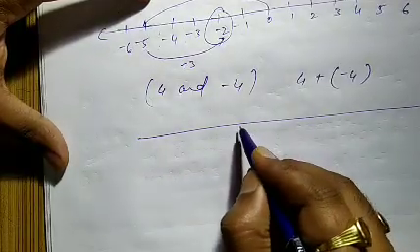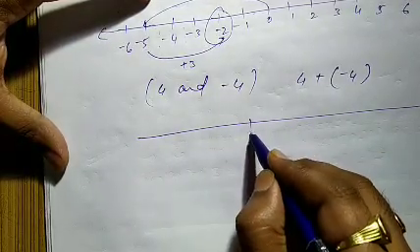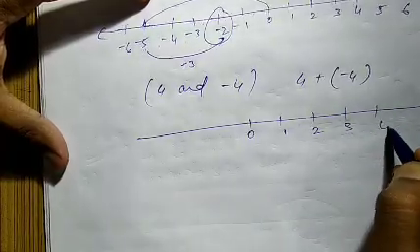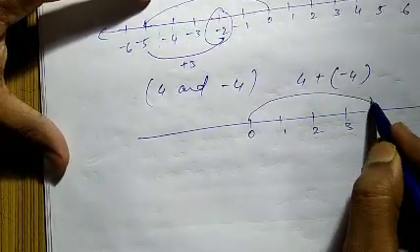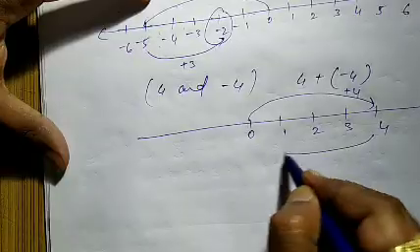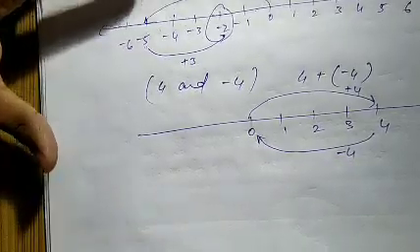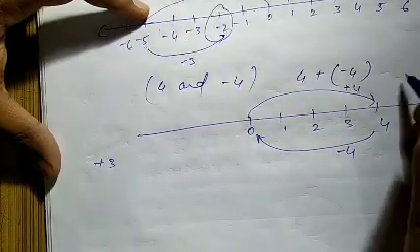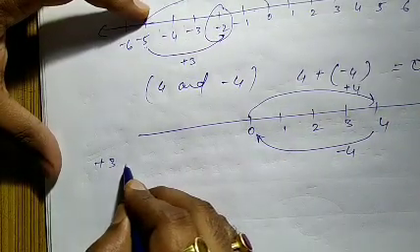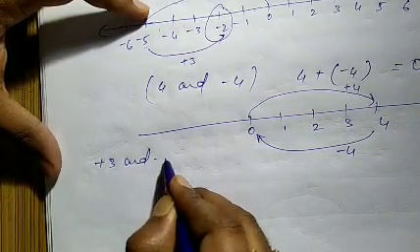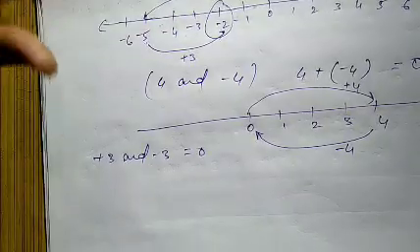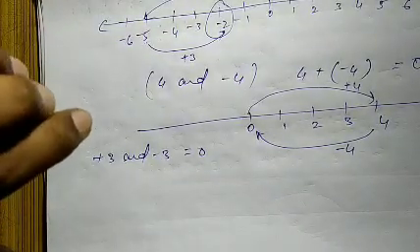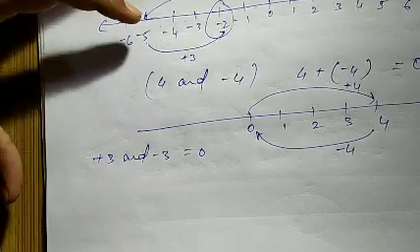Like this: 0, 1, 2, 3, 4. You move here, this is +4, and when you move back, this is -4. There are so many examples. +3 and -3, again you will get 0.